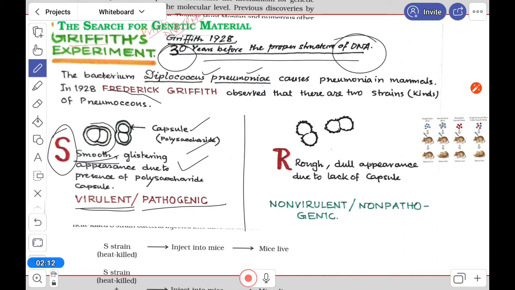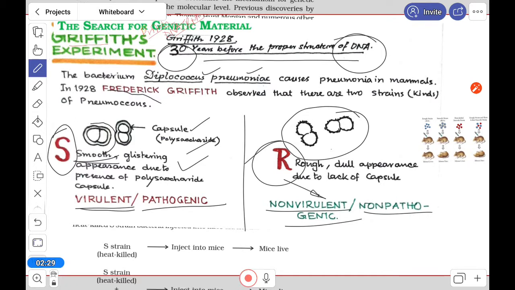Another type of bacterium that is taken is rough, which looks dull and lacks a capsule. This is non-virulent, non-pathogenic. If this is injected into the rat, then the rat will not die, it will survive as normal. So these two types he used.